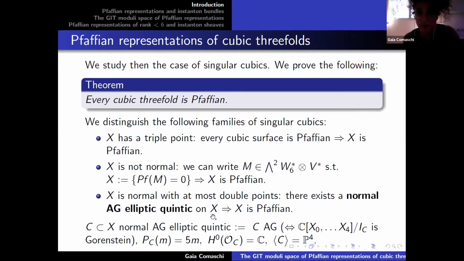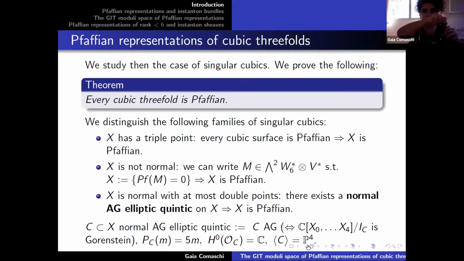A curve C on X will be called a normal elliptic quintic arithmetically Gorenstein if it is arithmetically Gorenstein, so its ring of homogeneous coordinates is a Gorenstein ring. It has this Hilbert polynomial. It is non-degenerate in P4.